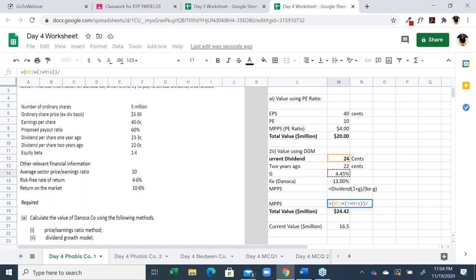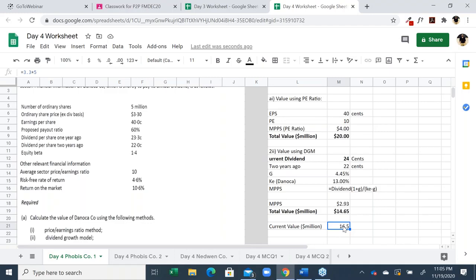Then that's divided by K minus G. Okay, yeah. So it's 14.65 million using the dividend growth model, and the current value is $16.5 million.